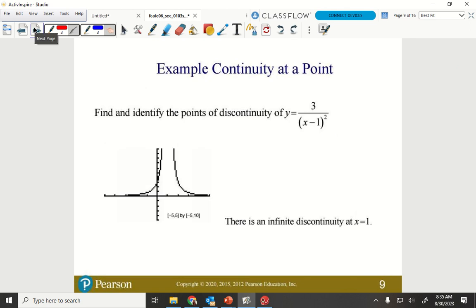This one right here, okay, discontinuity of this. This one is important because I could rewrite this like this.